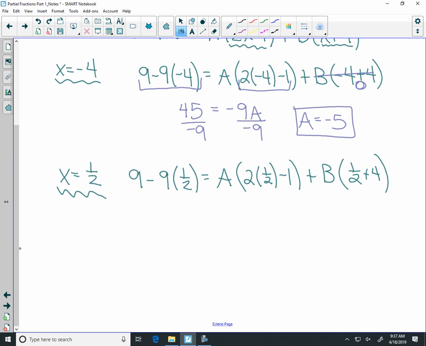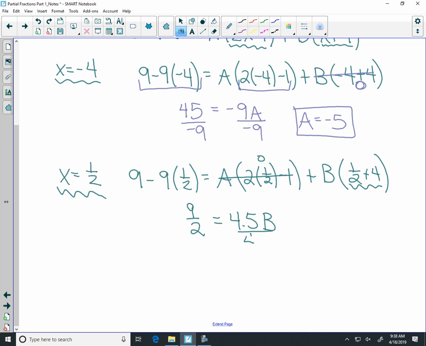So 9 minus 9 times 1/2, what did you get there? 9/2, yep, or 4.5. Either one's fine. This zeros our A out, that's 0 there. 0 times A is 0. What's this right here? 4.5. What's 9/2 divided by 4.5? 1.